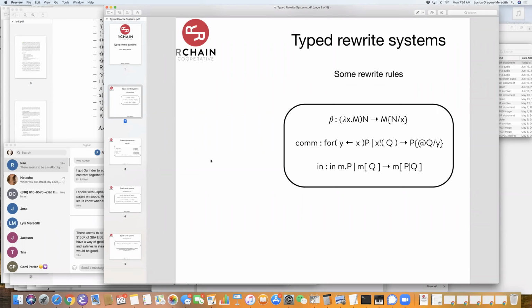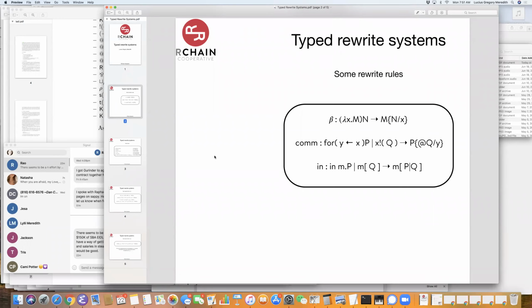It's a one-line grammar. And then there are some equations, for example, that par gives you a commutative monoid with respect to 0. So 0 is the identity for the par monoid. And that turns out to be the only equation apart from alpha equivalence.